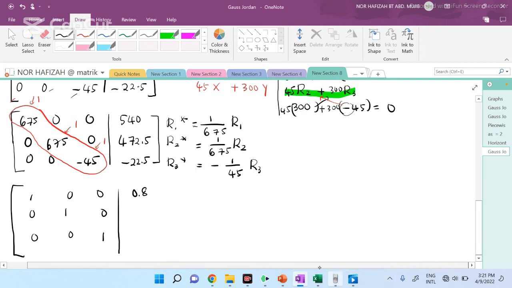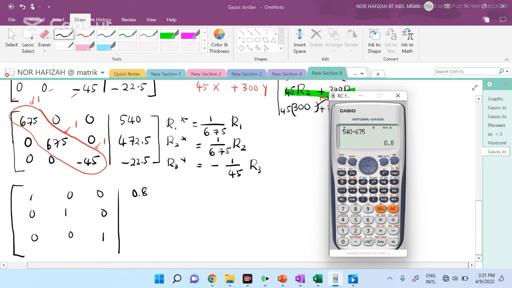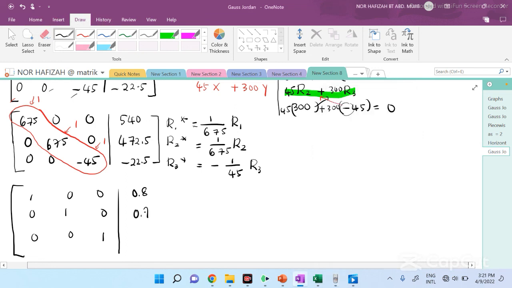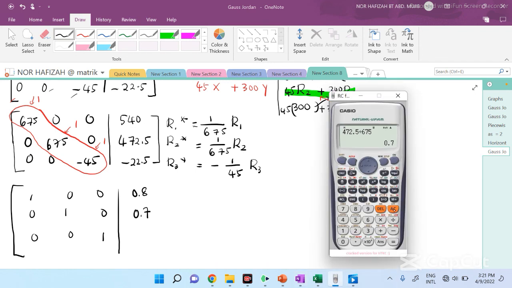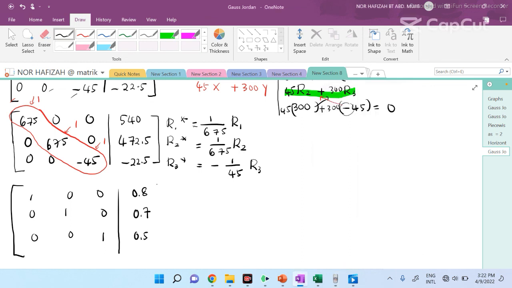Okay, next for the second row, we have 472.5 divide with 675 equal 0.7 here. Then last one, we have negative 22.5 divide with negative 45 equal 0.5. Yes.